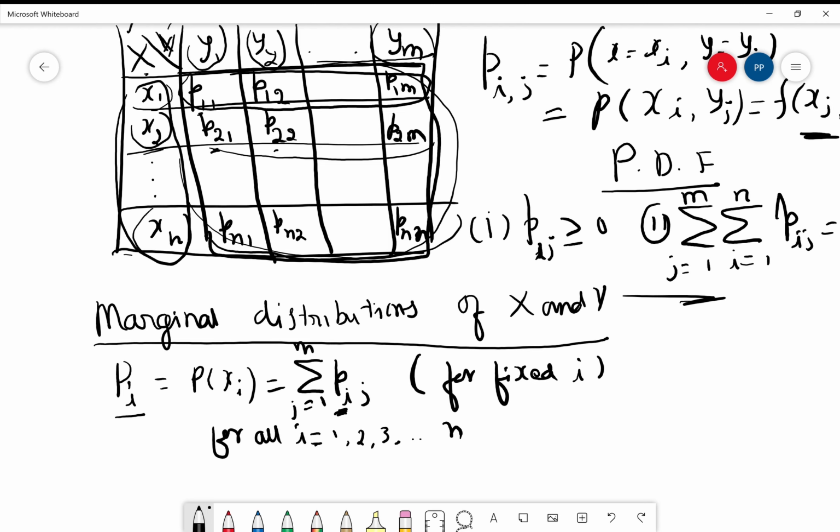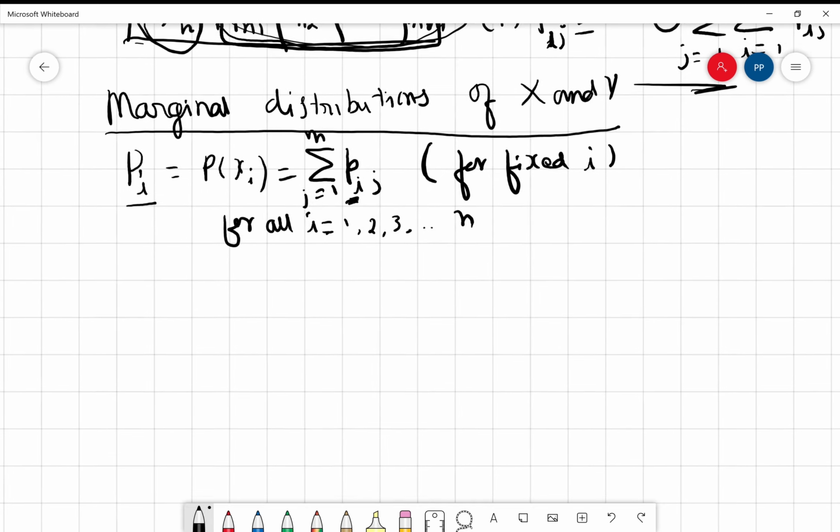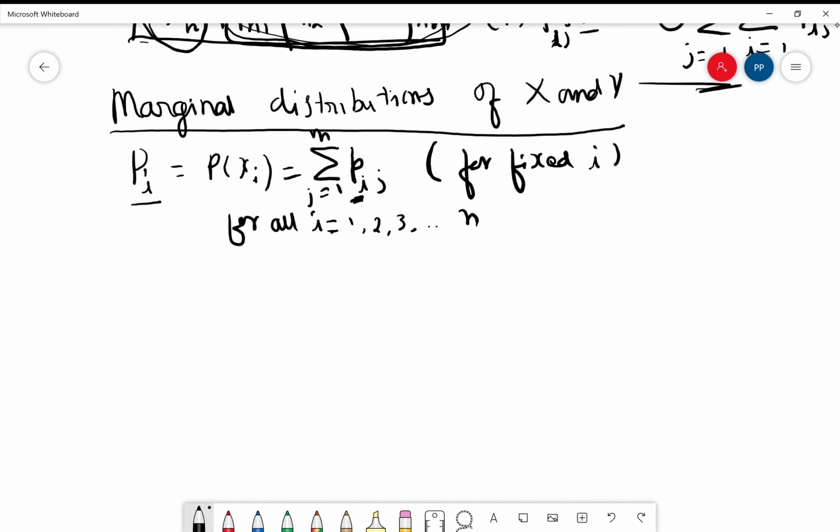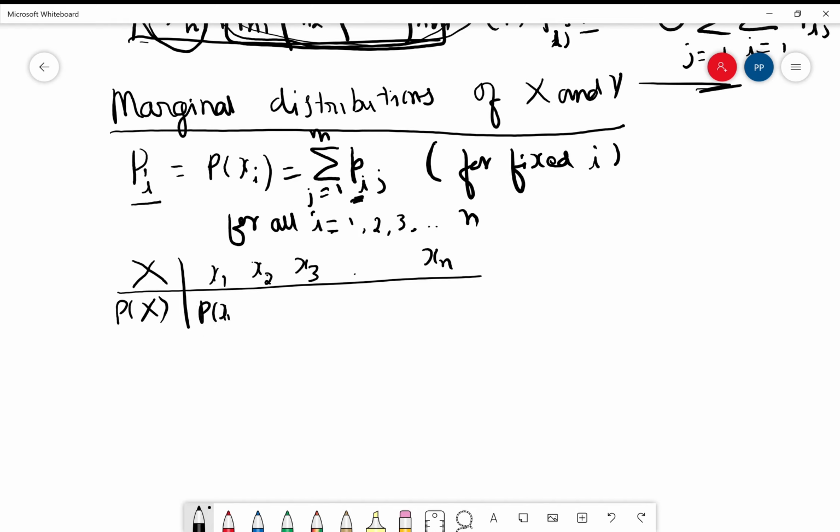And then this distribution of x: x takes the value x1, x2, x3, up to xn, with probabilities P of x1 or P1, P of x2, P of x3, up to P of xn.